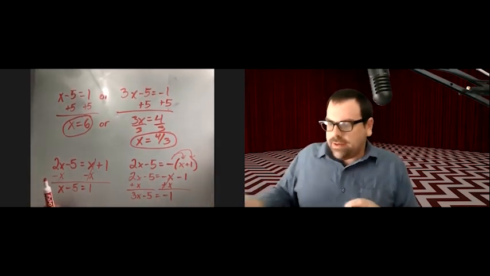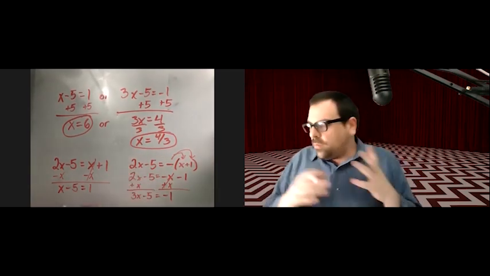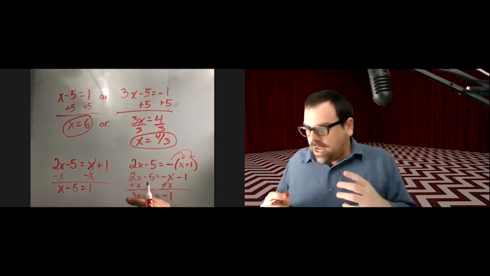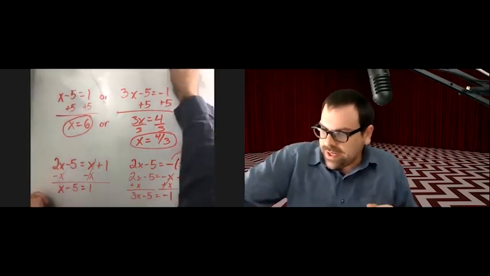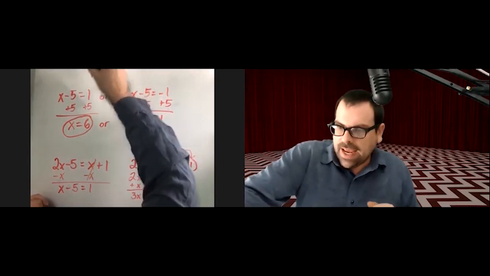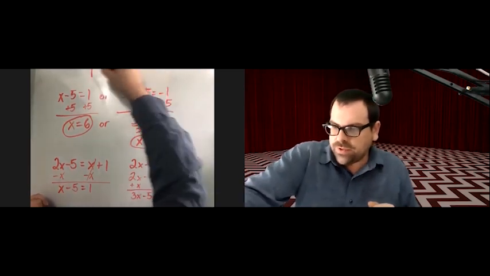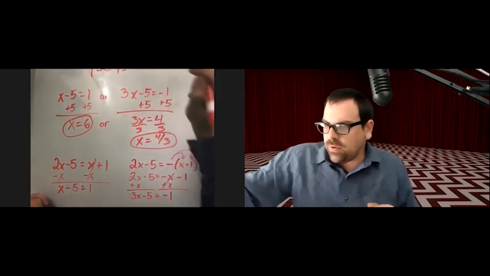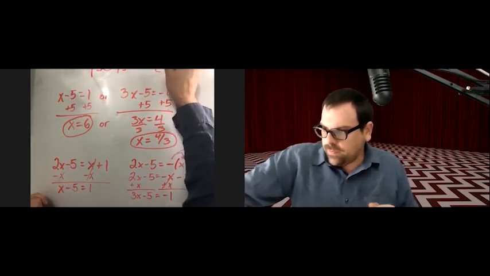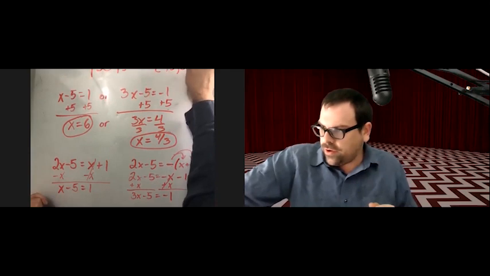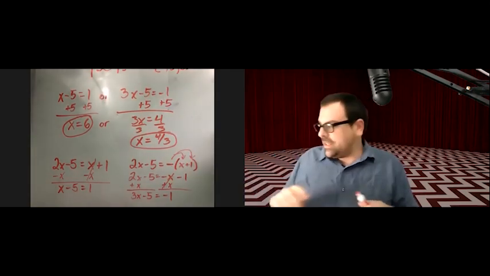Now, I said it doesn't matter. One or the other can be the absolute value. Doing it this way, where we had absolute value equals the rest of the stuff, we got a solution set of 4/3 and 6.